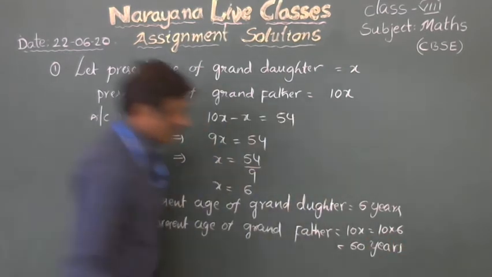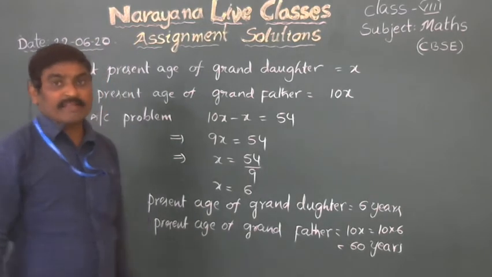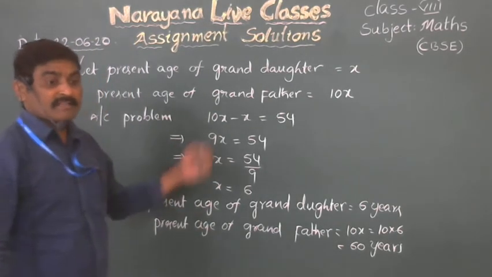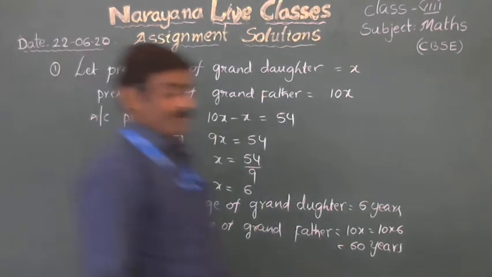Now observe the difference between their ages: 60 minus 6 is equal to 54 years, hence verified. This is the first question. Okay, let me explain the second one.